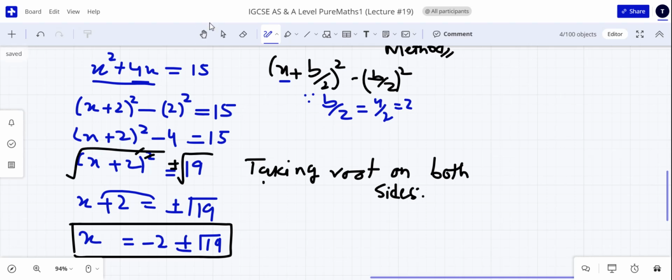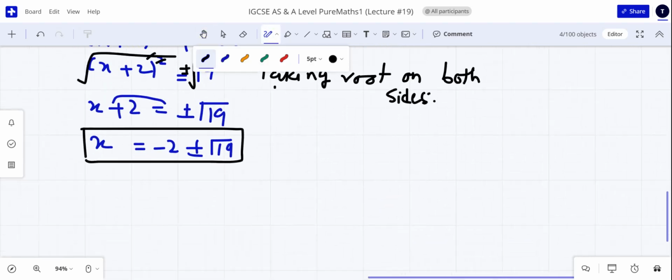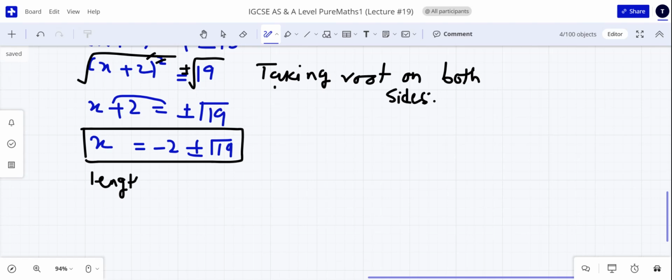So here we got two values, but length must be positive. We are solving for the length of the triangle, so length must be positive. It means that the negative value here we will ignore. So the x value equal to minus 2 minus root 19 we will ignore, because the length can't be negative.